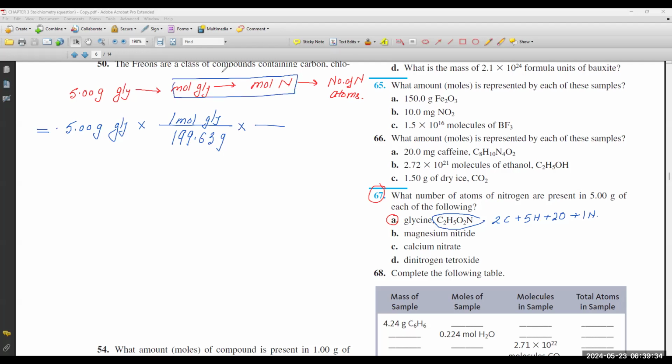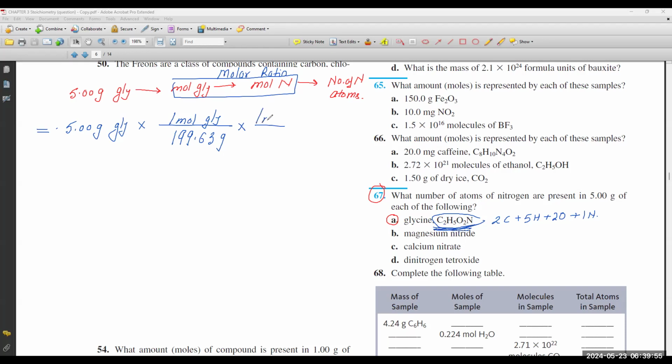So I will be calling it the molar ratio. We are going to use this mole to mole ratio in balanced equations also. So what is the ratio here? In 1 mole of glycine, how many moles of nitrogen are there? 1:1, yes.